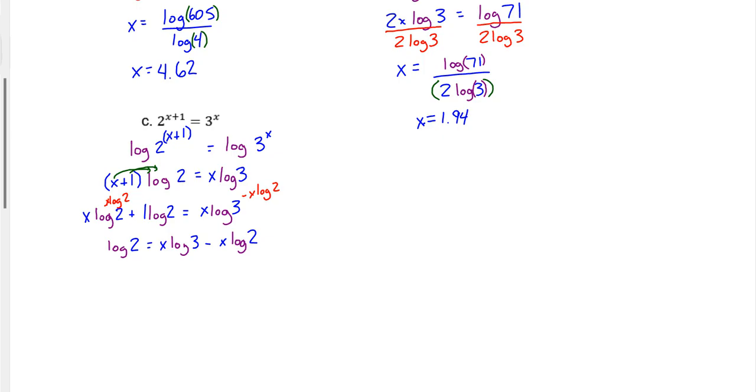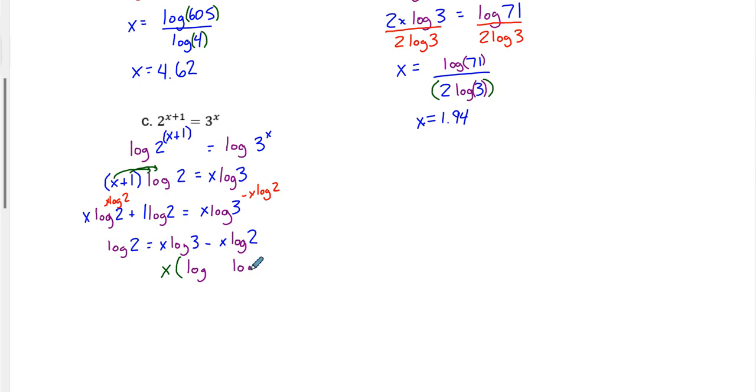In order to do that, this is x multiplied by log 3 and this is x multiplied by log 2. They have a greatest common factor of x. So we can factor an x from our right side. We factor an x from an x log 3, and we'd have log 3. We factor an x from an x log 2, and we'd have a subtract log 2.